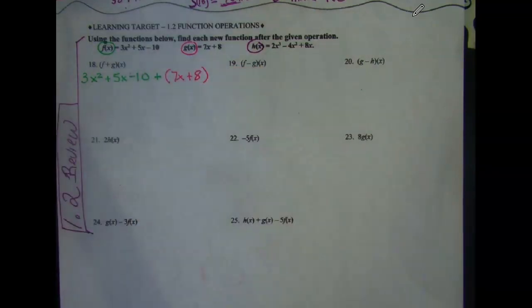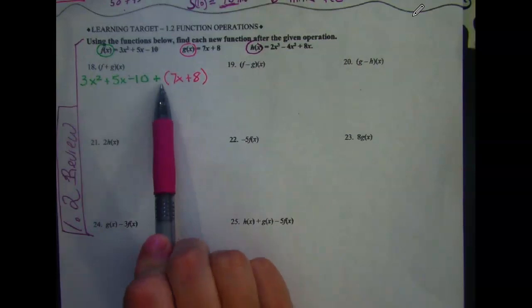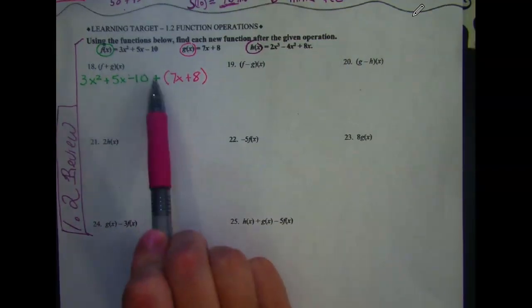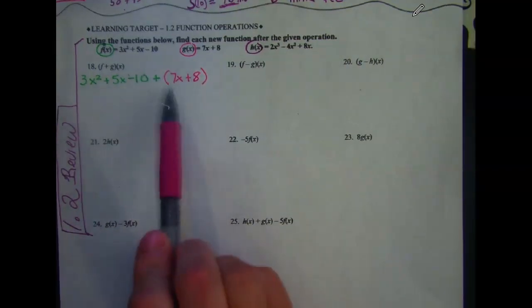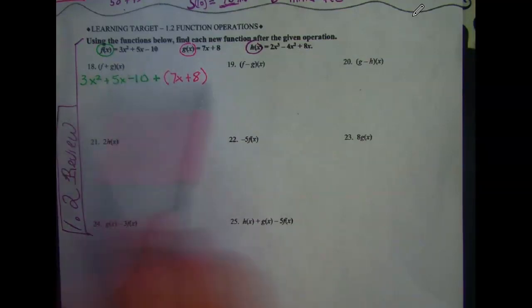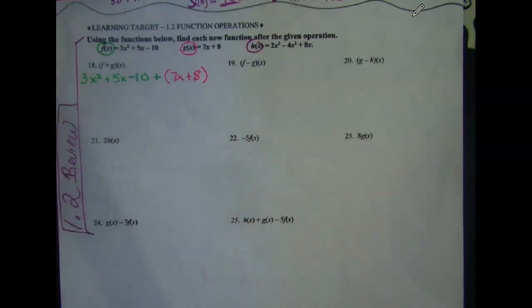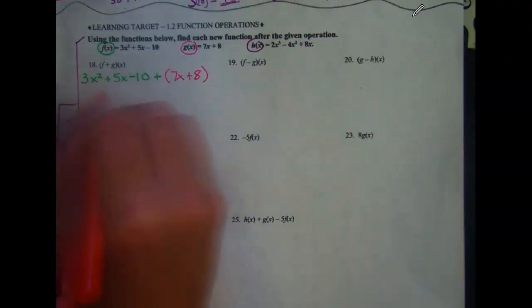If you notice right away, when we have plus, there's nothing in front of here. Since it's not a negative sign, there's no distributing. So it's like we can drop the parentheses away. We can just start combining like terms. So I'm going to combine like terms.